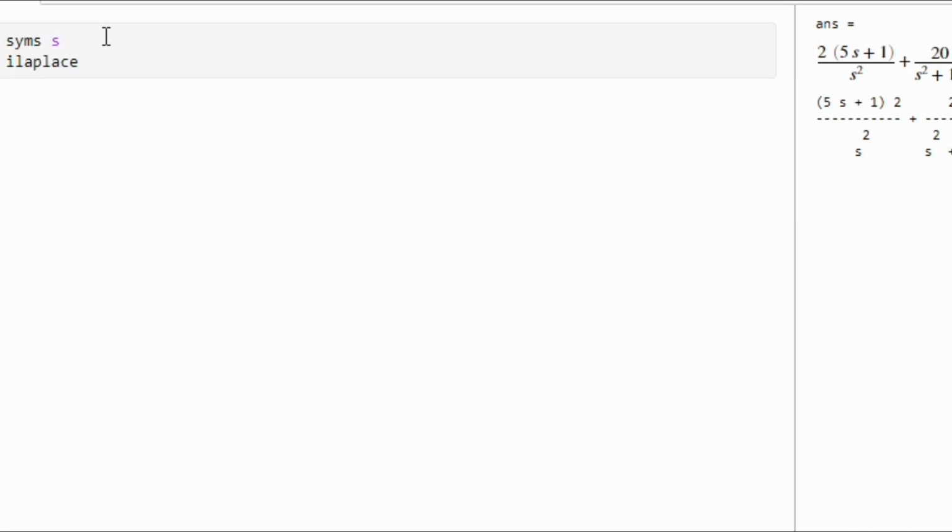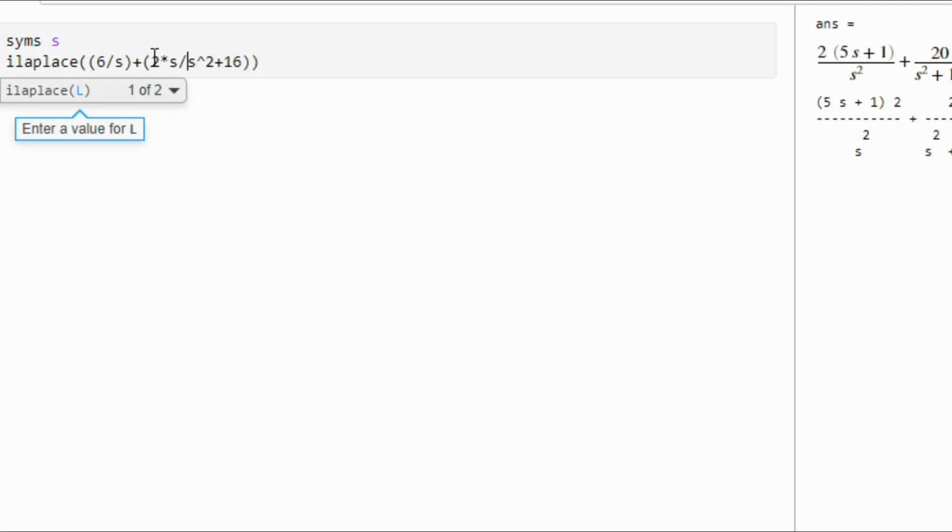Syms s, ilaplace, inverse Laplace, just like 6 divided by s plus, you will type over here the same code that we have studied in the previous slide, 2s divided by s square plus 16.